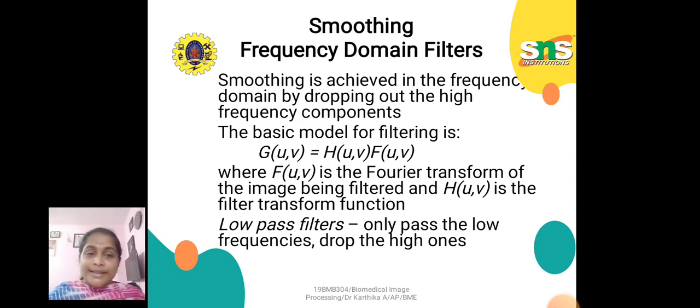Here the basic model of filtering is G of u,v equal to H of u,v multiplied with F of u,v, where F of u,v is the Fourier transform of the image being filtered and H of u,v is the filter transform function. Here we have the low pass filters as well as high pass filters. Low pass filters only pass the low frequencies, drop the high ones, and vice versa for high pass filters.